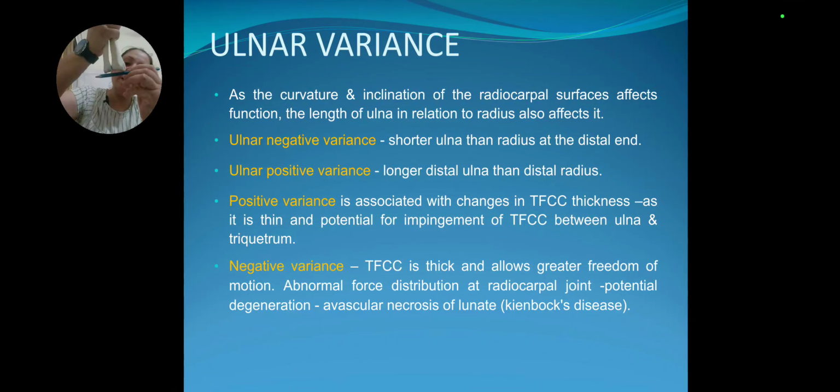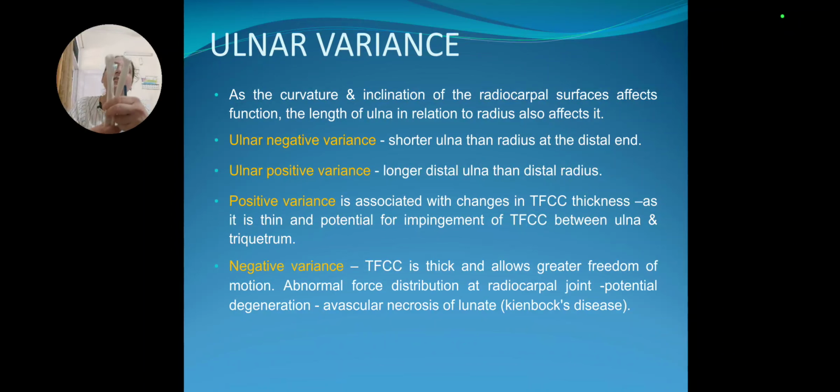Now you can see this is 12 mm, then the radial side is 12 mm below or inferior to that of ulna. We already said that. But what happens if this is not there? That means if the ulna is too short, or if ulna is too long than the distal end of the radius, then what will happen? If it is longer than the radius, then we say it is positive ulnar variance, and if it is shorter than 12 mm, then we say it is negative ulnar variance.